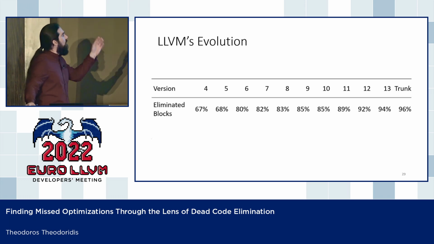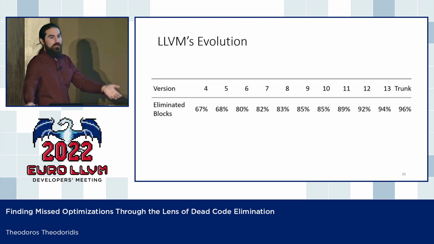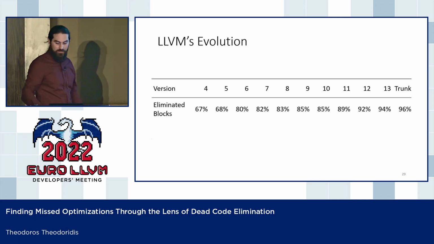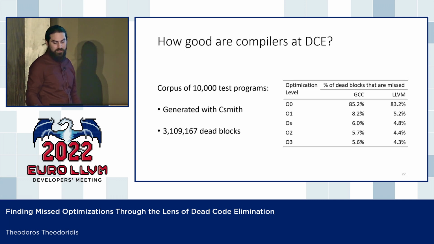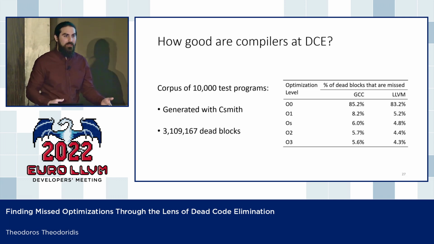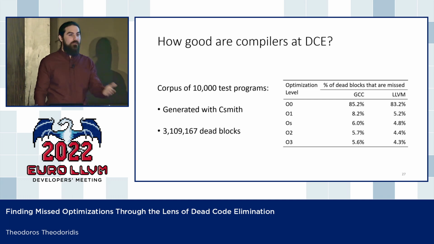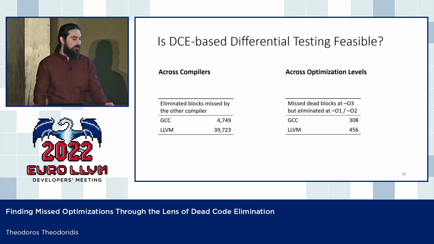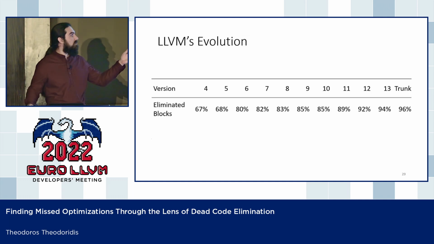What this means is that if we look at all the dead blocks, we know that 100% is dead. So it's actually the same thing that you see here. We know the ground truth, we know which blocks are dead. Then we ask the question, how many of these is the compiler actually eliminating? In this case, for trunk, 4% of dead blocks have not been eliminated.